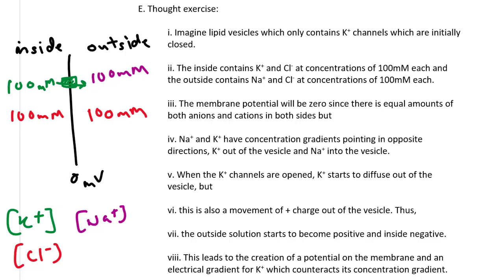This leads to the creation of a potential in the membrane and an electrochemical gradient for potassium which counteracts its concentration gradient. So as positive charge is moving from inside to out because this potassium channel is open, you're making the inside negative and the outside positive.